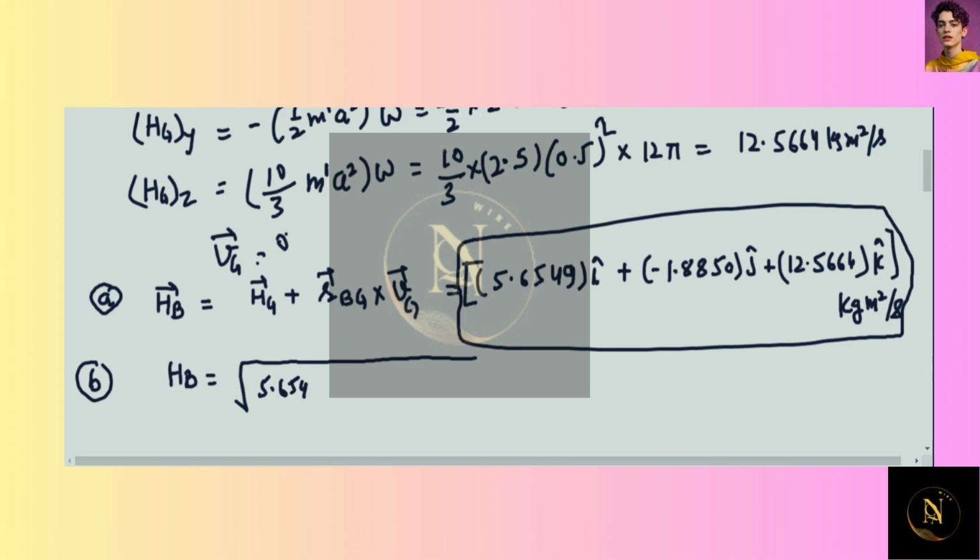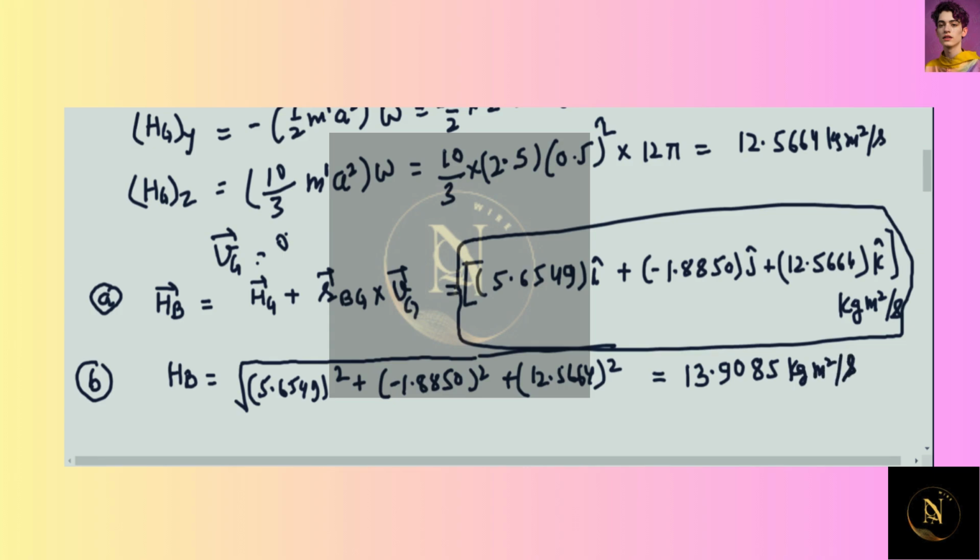It is the square root of (5.6549) whole square plus (1.8850) whole square plus (12.5664) whole square. So its magnitude would be 13.9085 kg meter square per second.